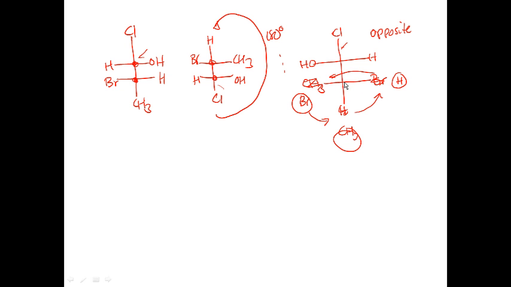They're exactly the same. And so the bottom carbon has the same configuration. And so what's the relationship between these two molecules? They are diastereomers. One chiral carbon has the same configuration and one chiral carbon has opposite configuration.